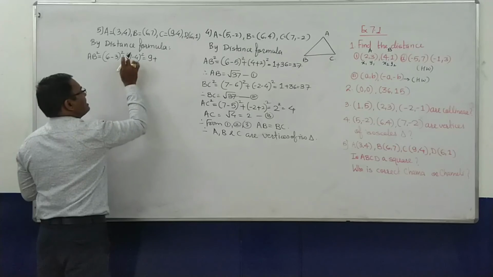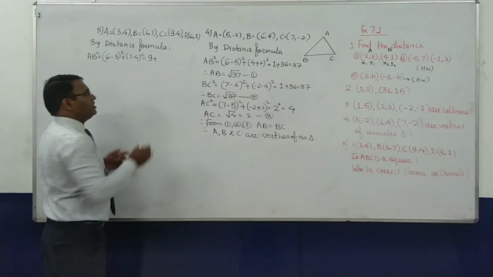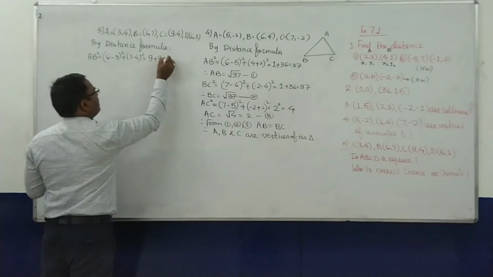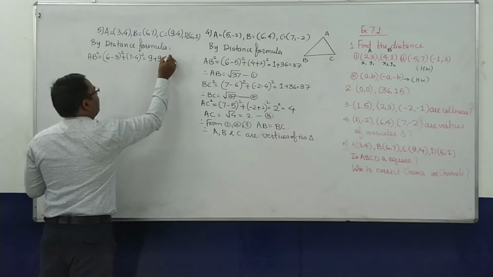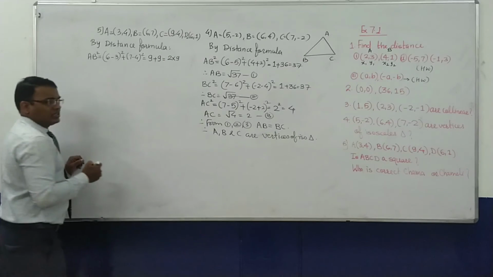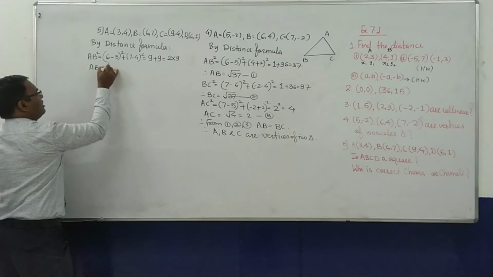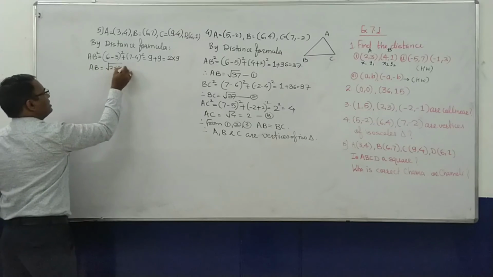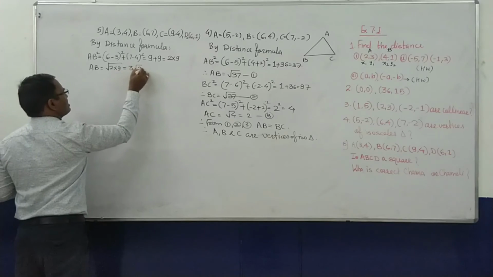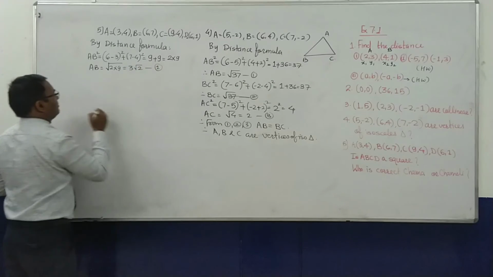Somewhat short I am writing. 7 minus 4 is also 3. Square of 3 is again 9. So, it is 18, or you can simply write 2 into 9. So, your AB will be under root of 2 into 9. So, this 9 will come out as 3.